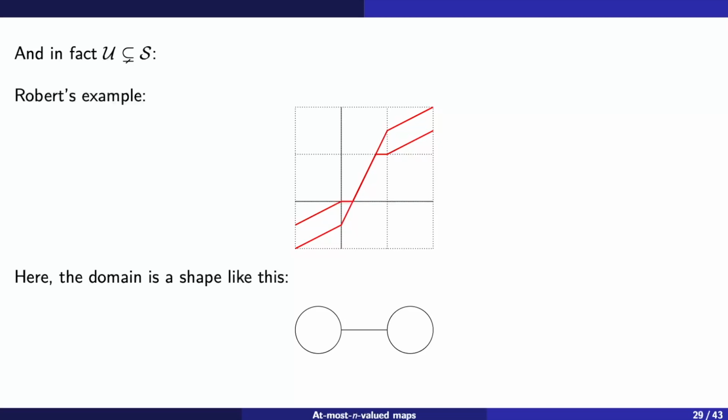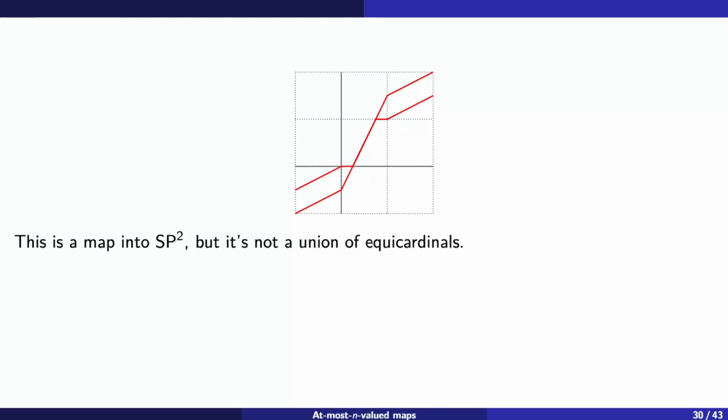Again, you might think, can I just sort of take the upper part here across the middle and then the upper part here? That's not a legal circle map because just on this part, it would not correctly match up from one end to the other. So anyway, that's an example that shows, yeah, this is a map into the twofold symmetric product, but it's not a union of equicardinals.